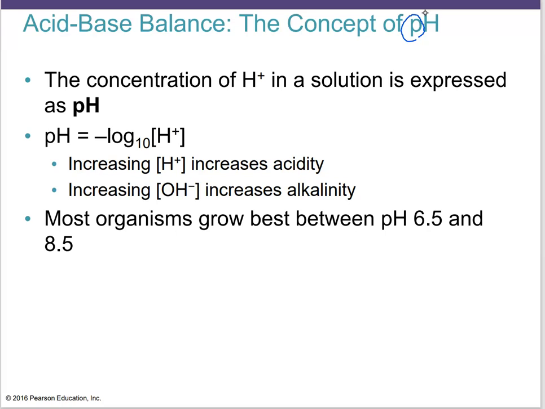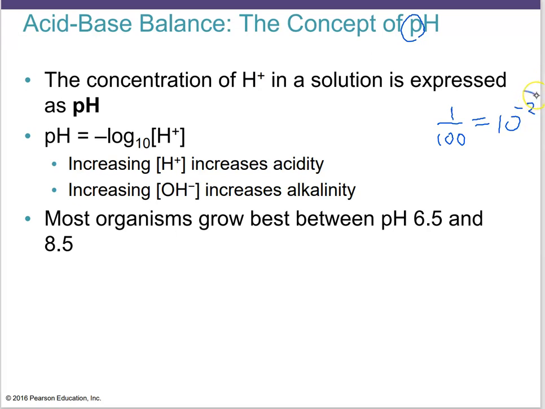If I have a solution where 1 in 100 molecules is a hydrogen ion, so 1 over 100, 1 in 100 molecules is a hydrogen ion, that means if I write this as an exponent, that is equal to 10 to the minus 2. So 100th is equal to 10 to the negative 2.